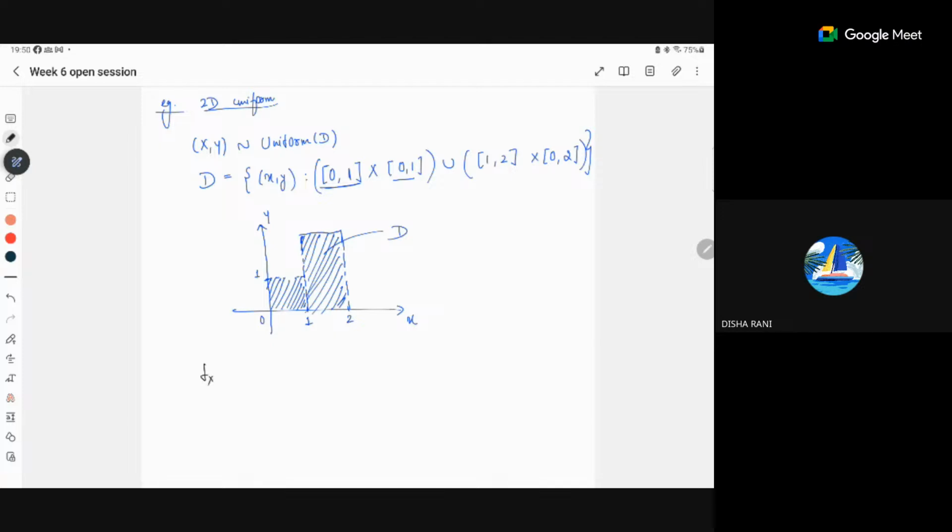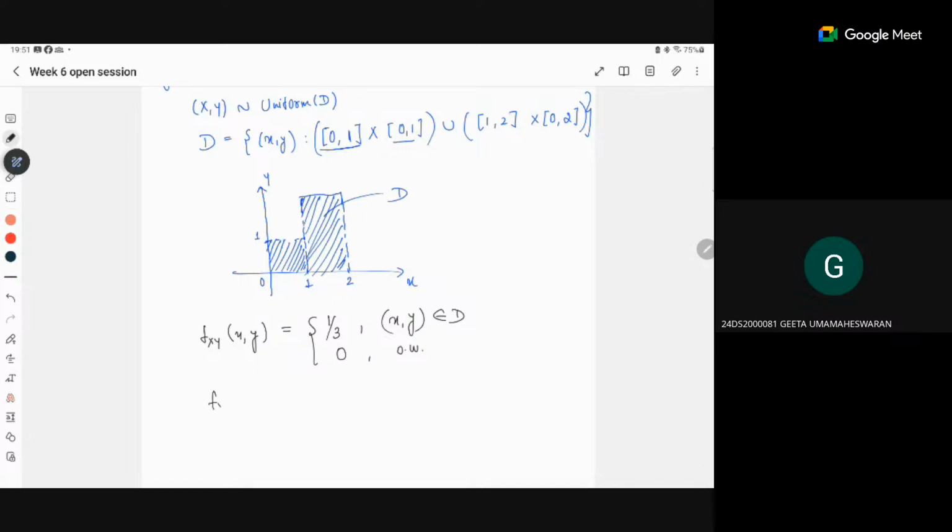The whole shaded region is my D, so we need the area under that shaded region. That is 1 into 2 plus 2 into 1, which is 3. The area is 3, so the joint PDF is 1 upon 3 for (x, y) belonging to D, and 0 otherwise.